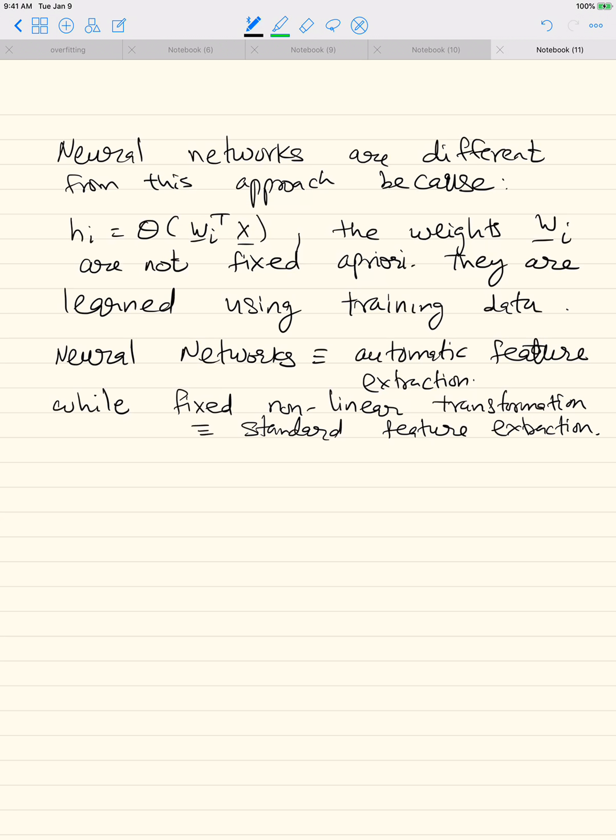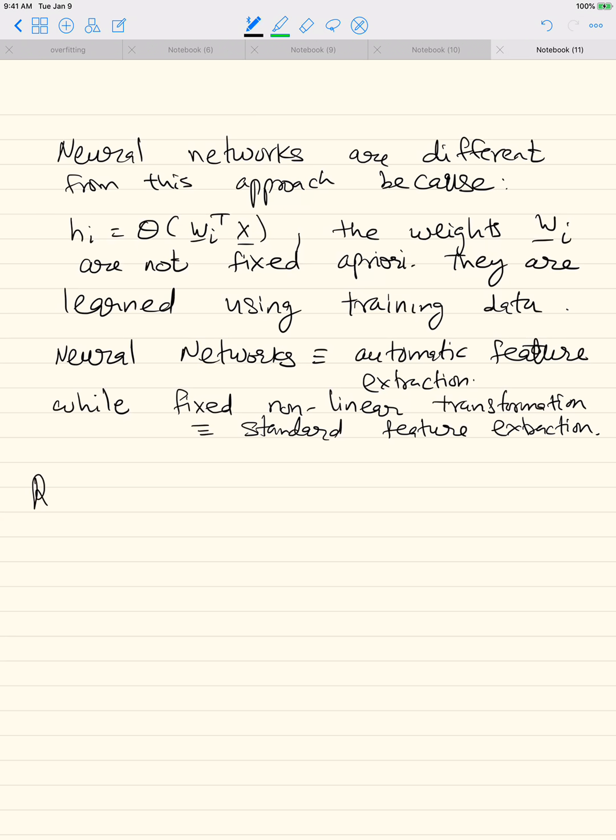The use of convolutional neural networks was a big breakthrough because the features were not fixed beforehand, but they were learned from the data itself. And that got a significant improvement in performance over traditional methods. So this concept that the weight vectors are learned using the training data itself is actually a fundamental difference between neural networks and traditional methods.